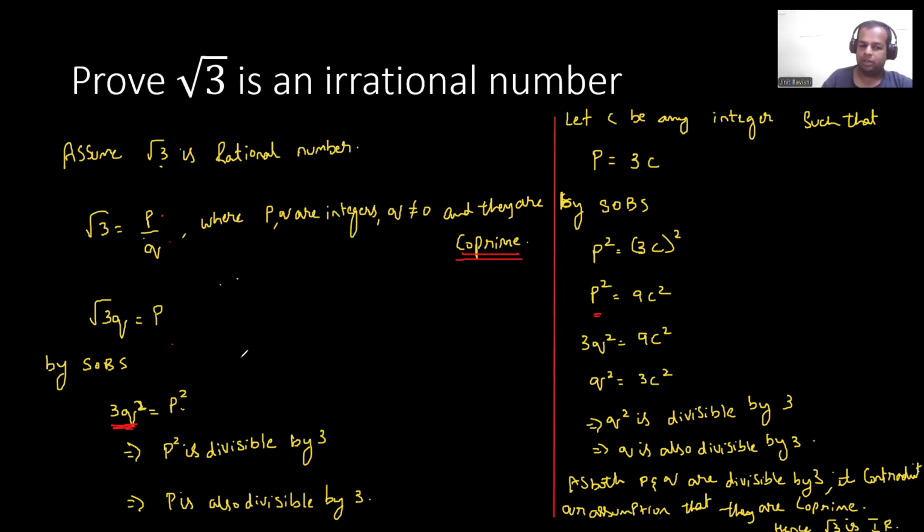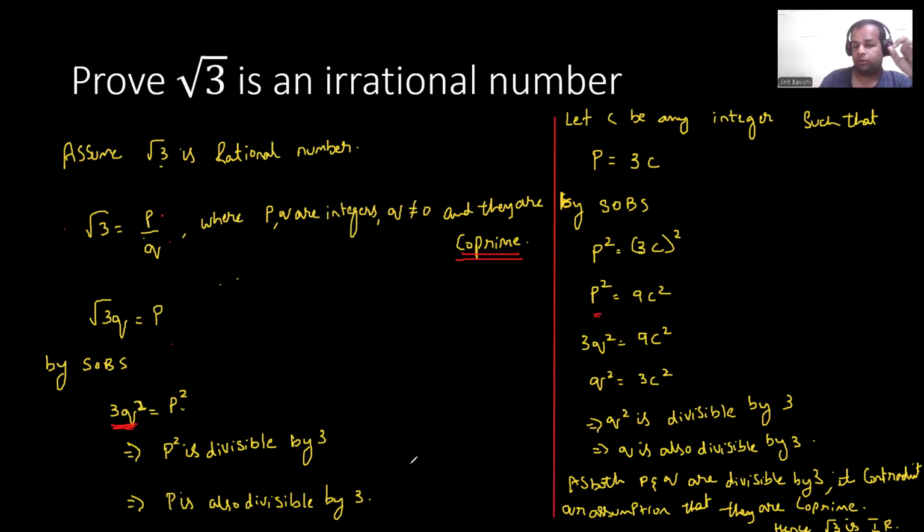So when we started, we assumed that they had no common factor. We had taken the numbers in such a way that they were in reduced form. They did not have any common factors. So that's why we started on that basis. But when we came to the end, by that time we figured out both P is divisible by 3 and Q is divisible by 3. And this comes to a contradiction that they are co-prime.